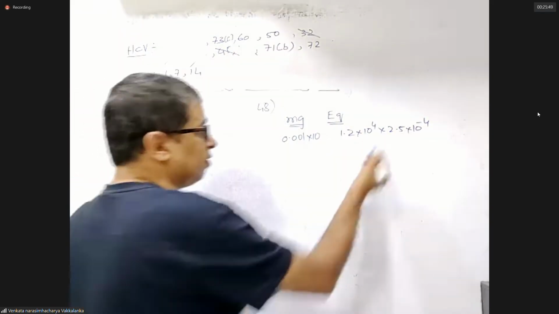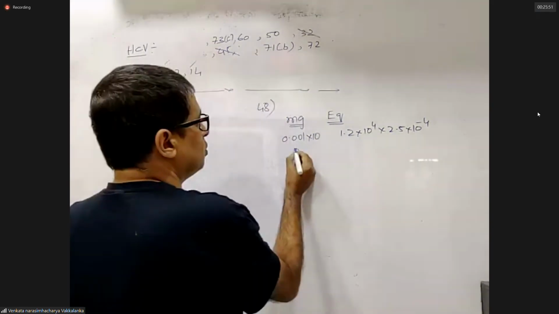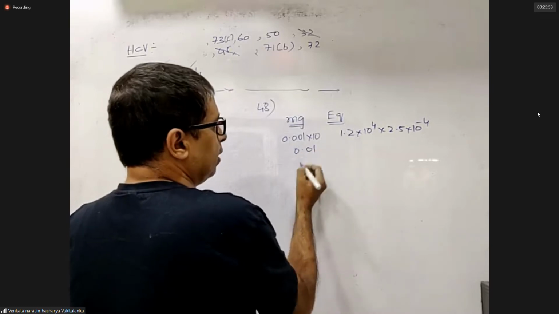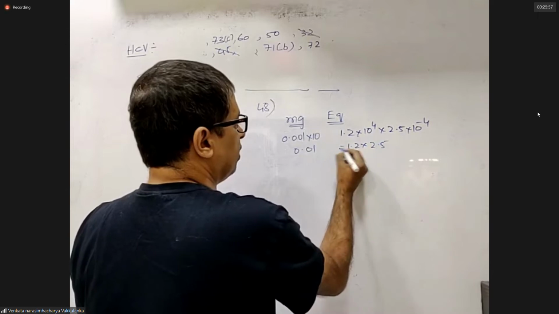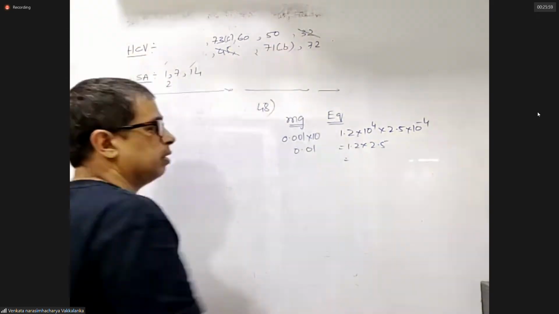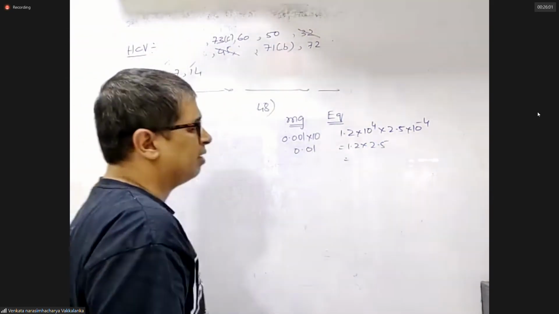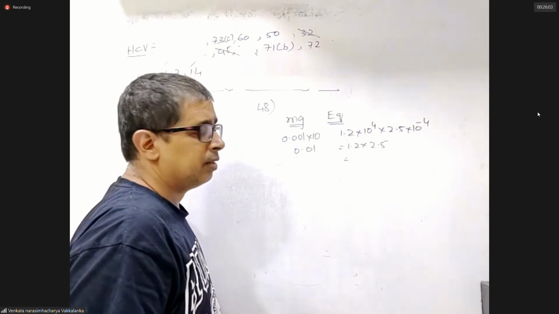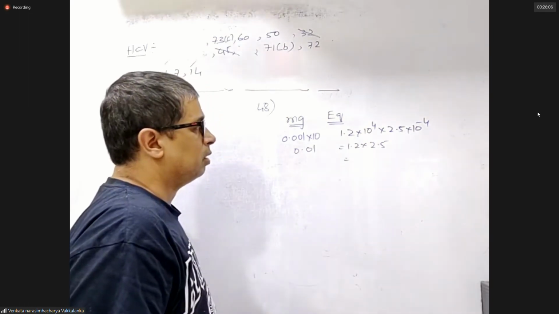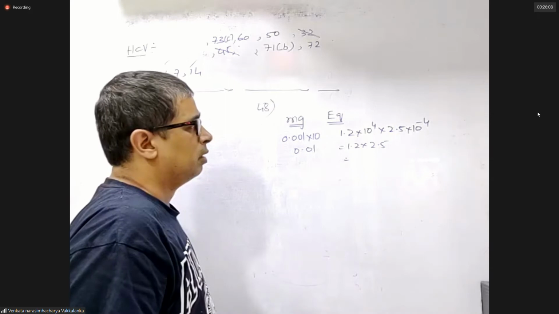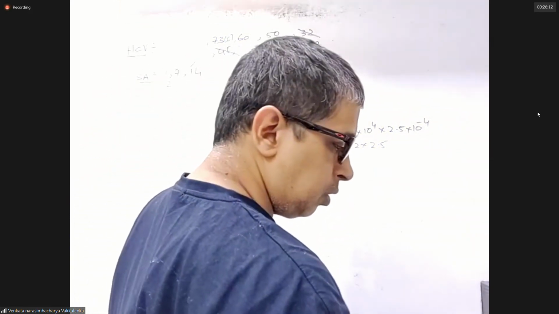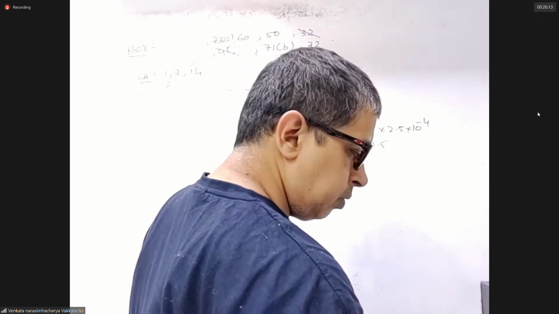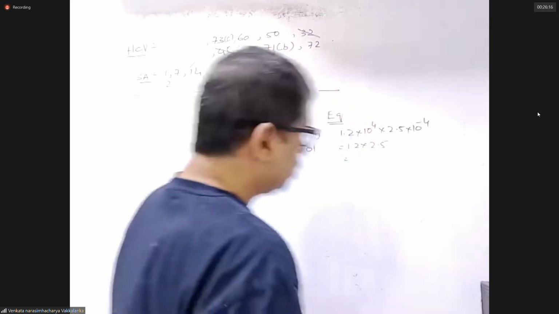Hope I have taken the values correctly. This is 0.01. This is 1.2 into 2.5. Pardon? 3. 1.2 into 2.5, 2.5 into 1.2 is 3.